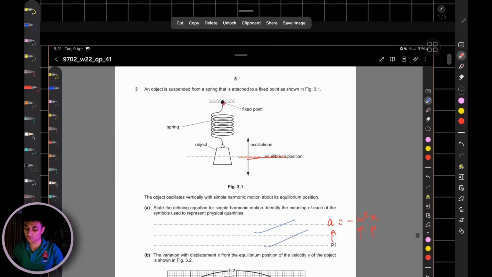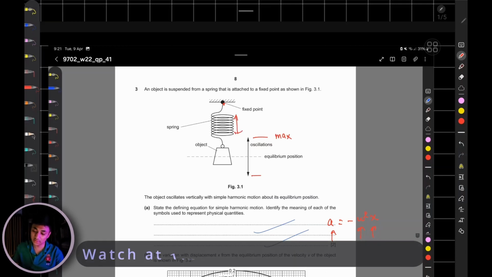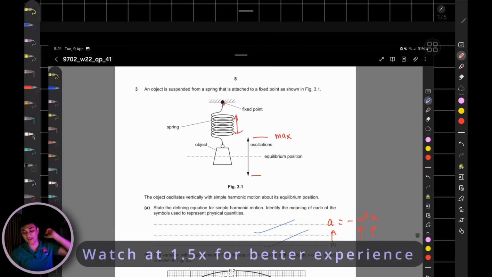Now, what you would usually understand is, at the maximum position, it's supposed to have the maximum potential energy, and at the lowest position, the lowest potential energy, if you're talking with respect to gravity, right? But this is with respect to the potential energy inside the spring, right? So you have to consider the potential energy inside the spring.